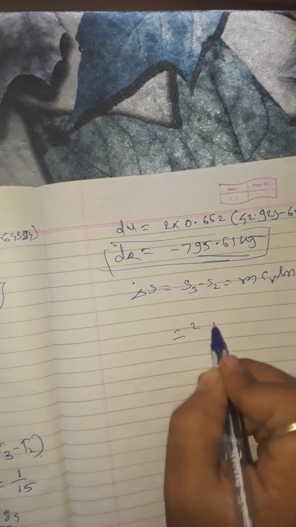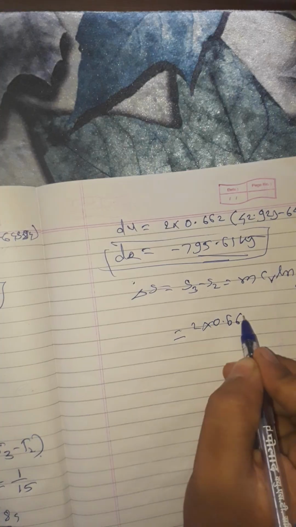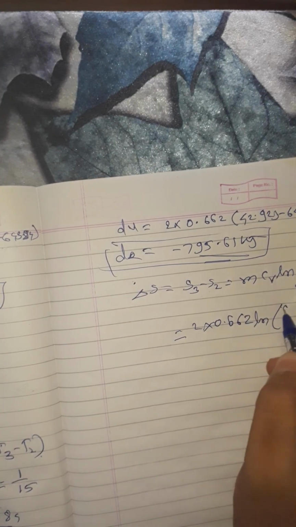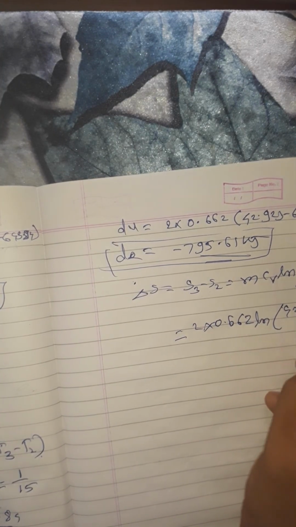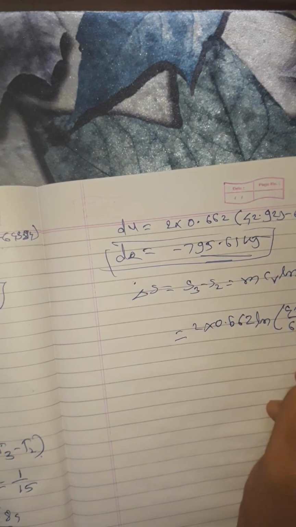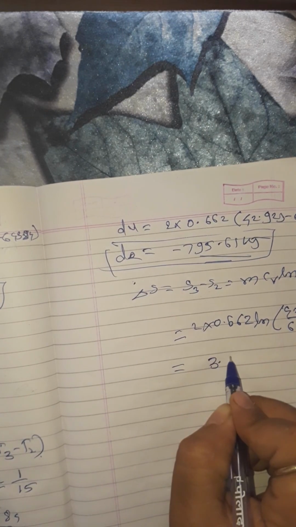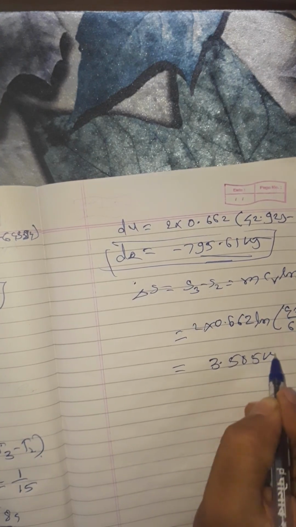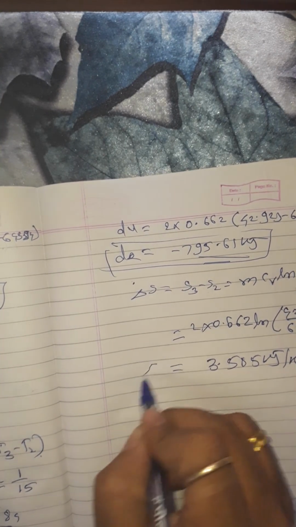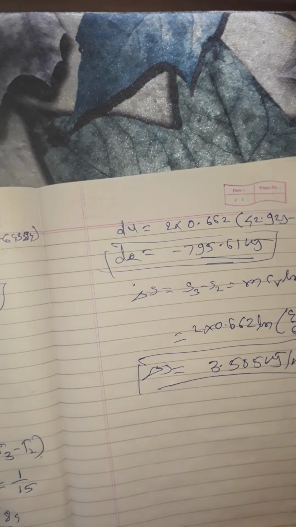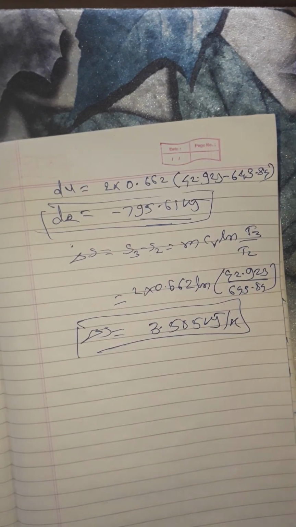We have the values 2 into 0.662 ln of 42.92 divided by 643.84, which is equal to 3.585 kilojoule per Kelvin. This is the total value of delta S. Thank you very much.